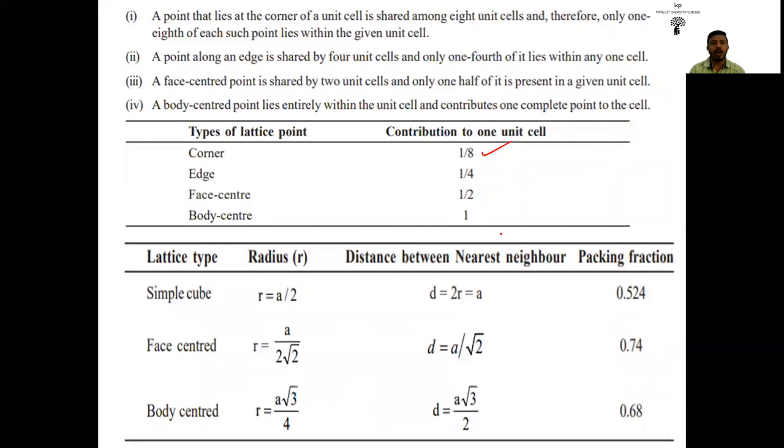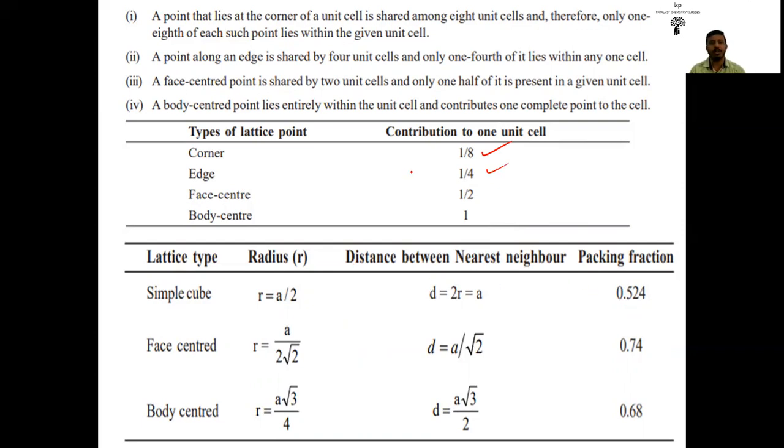Then a point along an edge is shared by 4 unit cells and only 1/4 of it lies within one cell. There are 12 edges in one unit cell, and each edge-centered particle is shared by 4 unit cells equally. So its contribution for one unit cell is 1/4.